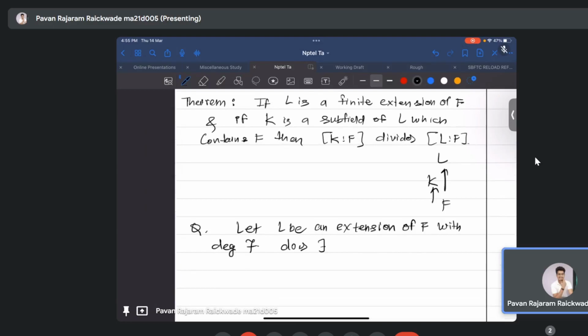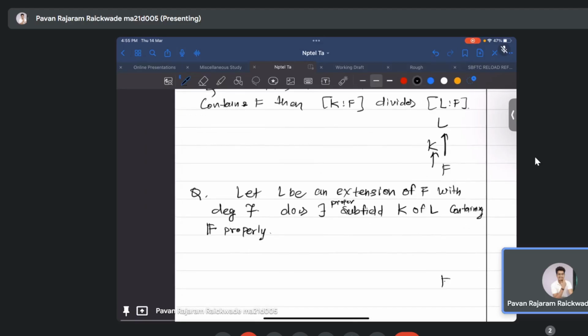Does there exist a proper subfield K of L containing F properly?